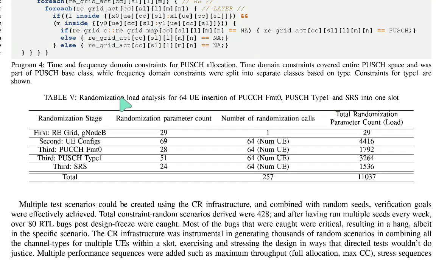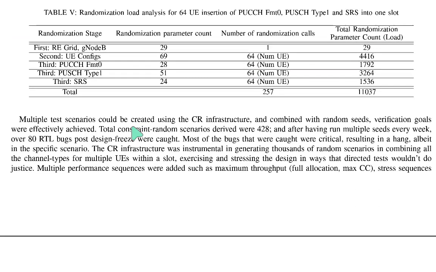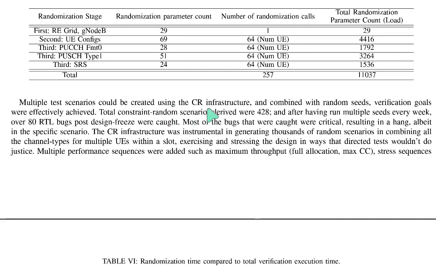Table 5 is a randomization load analysis for a 64 UE insertion of PUCCH FMT 0, PUSCH type 1 and SRS into one slot. Multiple test scenarios could be created using the CR infrastructure combined with the random seed.